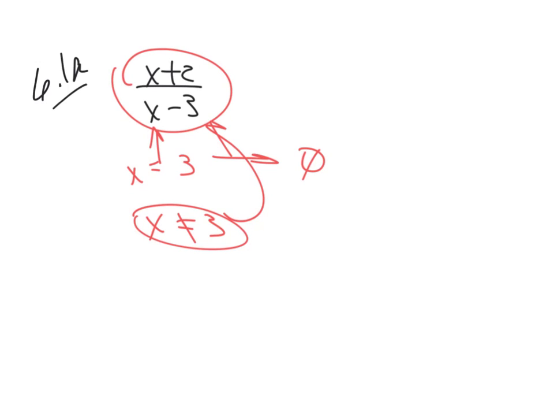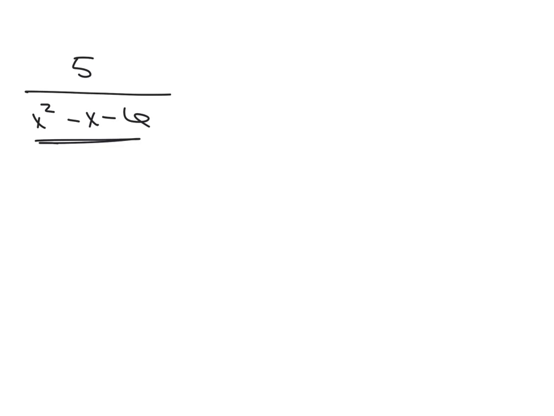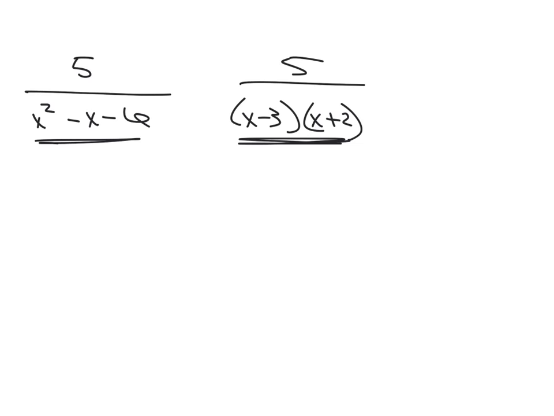All right, which brings me to a little bit more complex example: 5 over x squared minus x minus 6. What can x not be? Well, we have to factor this into two binomials, x minus 3 and x plus 2. What will make this denominator 0?